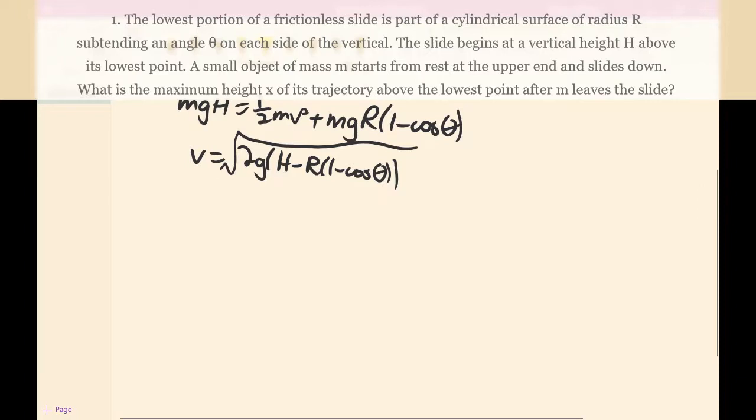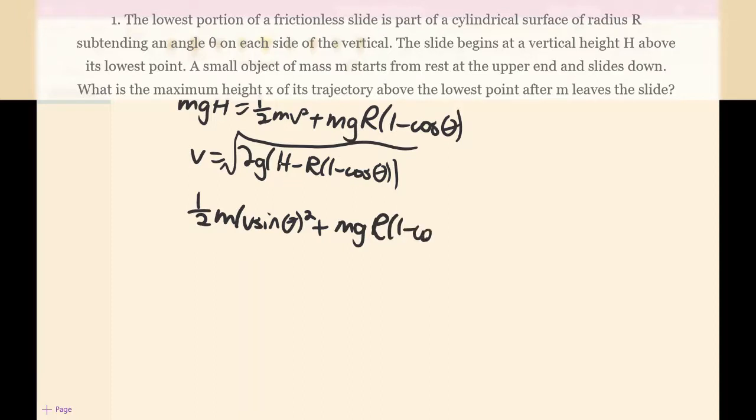The vertical component is just v times sine theta. So the energy would be 1/2 m (v sine theta) squared plus the height here, which again is mg r, 1 minus cosine theta, and this has to be equal to its maximum height, which is mgx.